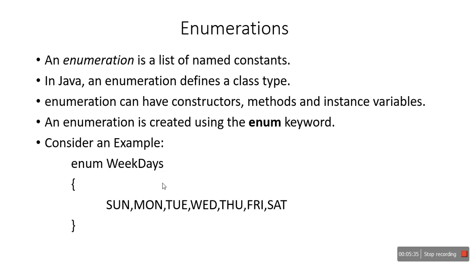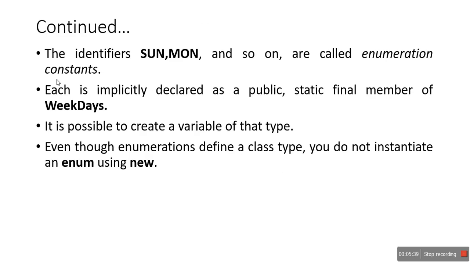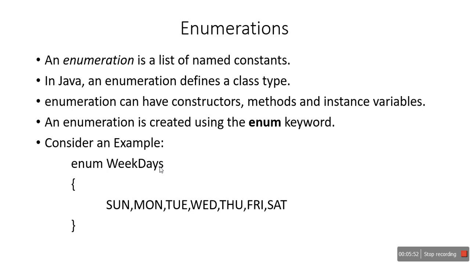Next, final is used to declare constants. That is why each constant is implicitly declared as a public, static and final member of weekdays. With respect to this example, these all are public, static and final.